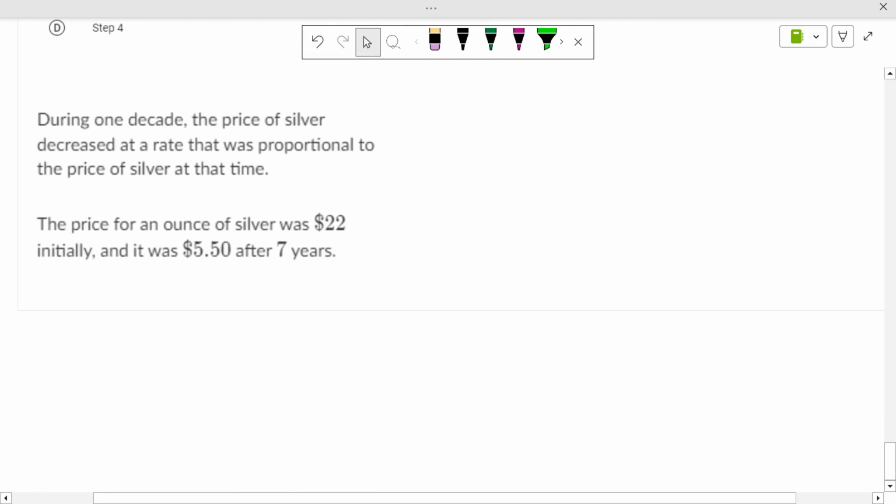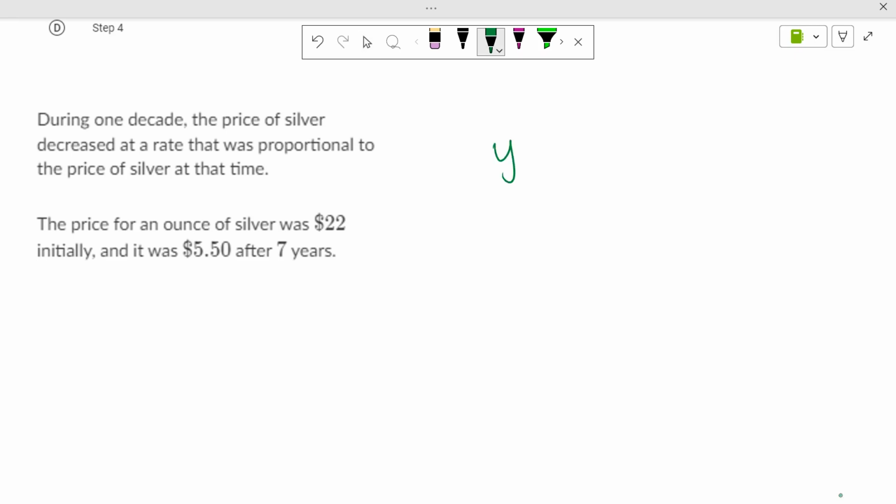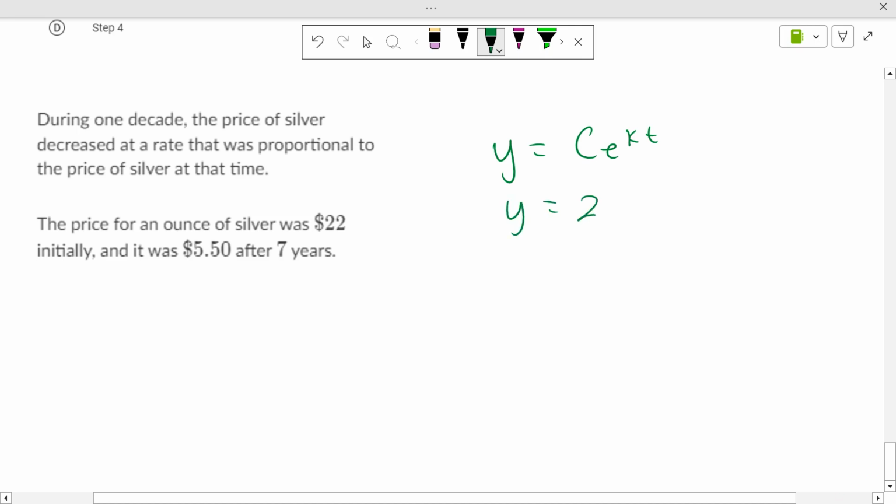During a decade, the price of silver decreased at a rate that was proportional to the price of silver at the time. So y equals Ce to the kt, right? This is one of those. Okay. The price of the silver was initially 22. So y equals 22e to the kt.